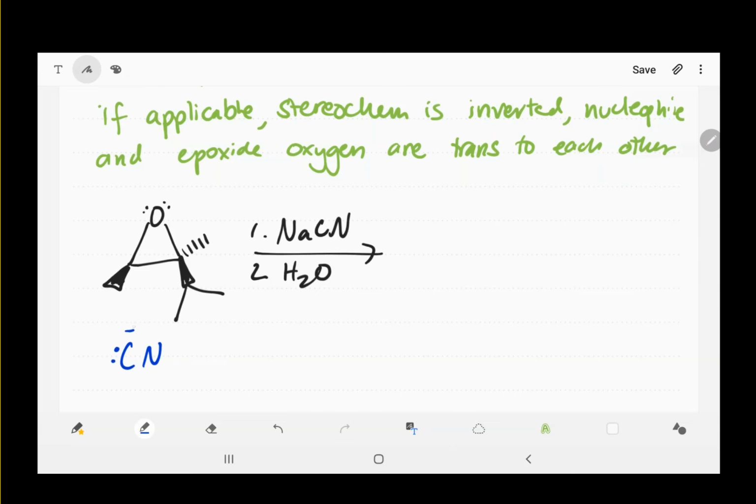Which side do you think this is going to attack as an SN2 reaction? Which side here? Left side or right side? Left side? I agree. Why? Less steric hindrance. Less steric hindrance, exactly right.